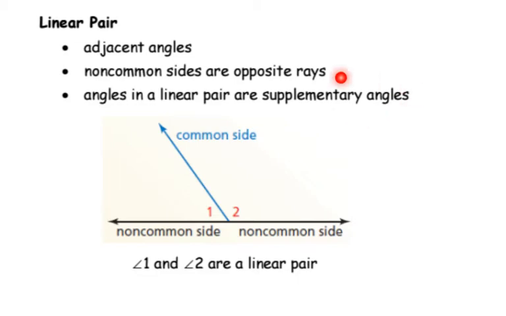Angles in a linear pair are supplementary angles, and what's important to know about supplementary angles is that those are angles that add up to 180 degrees, all right. So in this picture here, you have angle 1 and angle 2. So here's angle 1, here's angle 2. They are considered a linear pair. They're considered supplementary angles because they are on a line, and a line has a degree measure of 180.